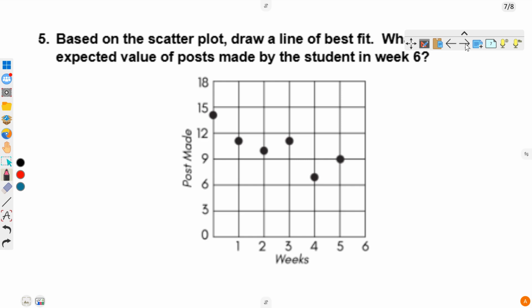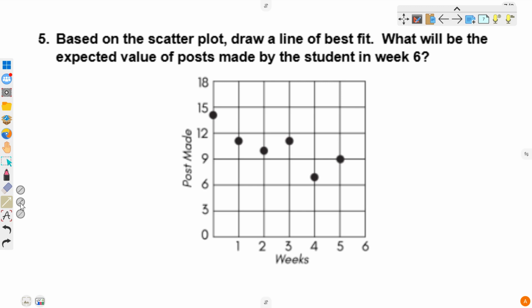All right, here we go. We want to draw our line of best fit. So you can use your Mr. Slope band if you took them home. You can use a ruler. You can use anything to help you out here. Okay. Well, when I look at this, I can see it kind of starts up here at 15, and then it's slowly going what direction? Down.